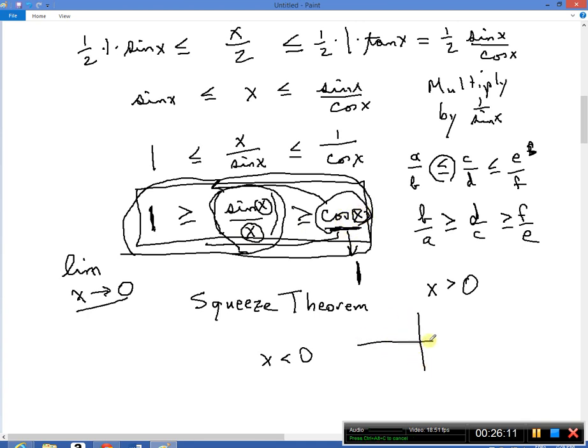Remember, the graph of the cosine looks like this. It's symmetric with respect to the y-axis, which means that if you plug in a positive x and a negative x, you're going to get exactly the same answer. So it doesn't matter, you're going to get the same answer if you plug in minus x.